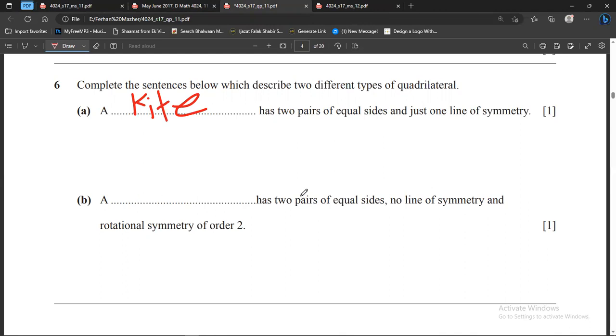A dash has two pairs of equal sides and no line of symmetry and rotational symmetry of order 2. This is a parallelogram.